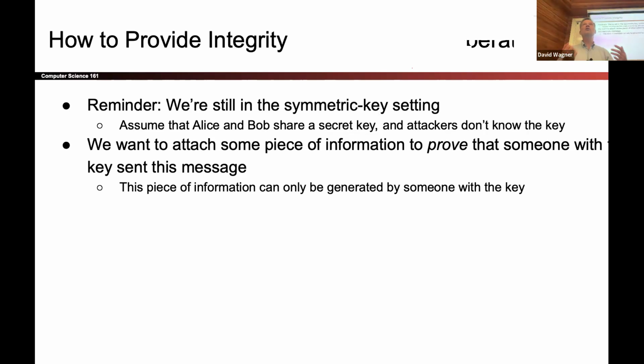And only someone who knows the secret key is going to be able to compute the correct value for that. So when Bob receives that, Bob's going to be able to say, oh, it could only come from someone who knows the secret key. The only other person in the world who knows the secret key is Alice. So therefore, this must have come from Alice and not Mallory. That's going to be the strategy.